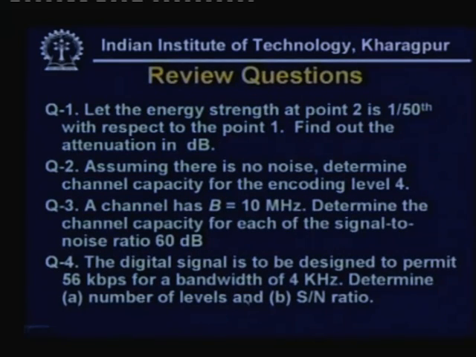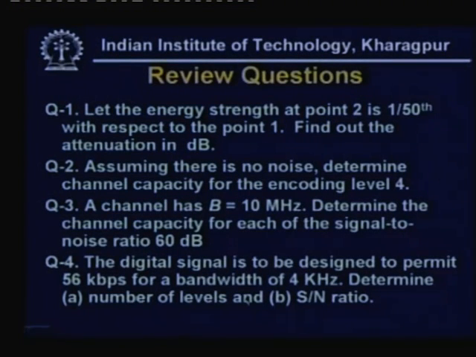So with this we complete our discussion on the transmission impairments and channel capacity because of the limitations of the channel. Let us give some review questions which will be answered in the next lecture. Question number 1. Let the energy strength at point 2 be 1/58 with respect to point 1.